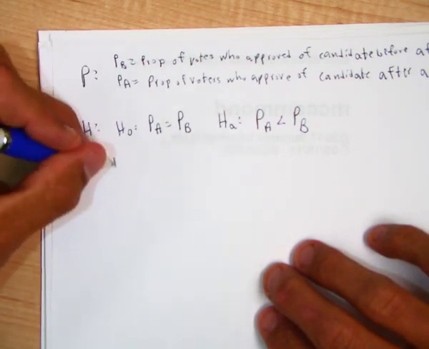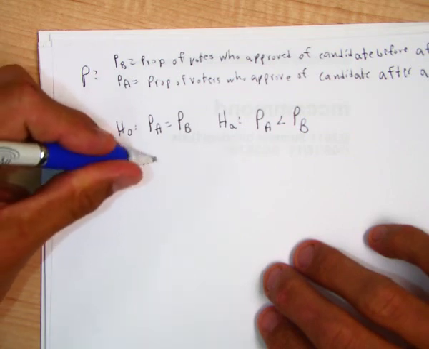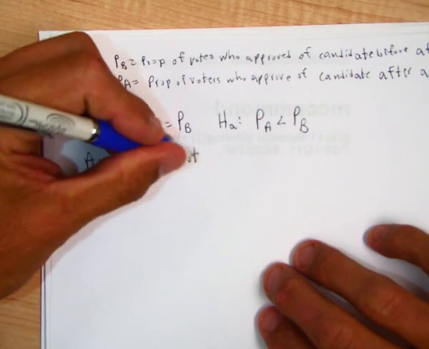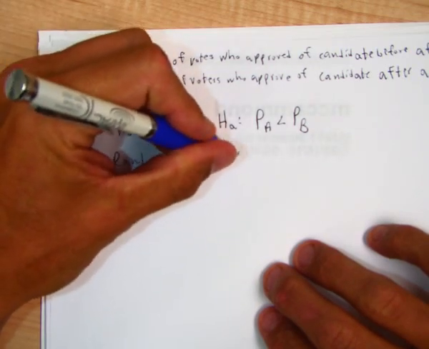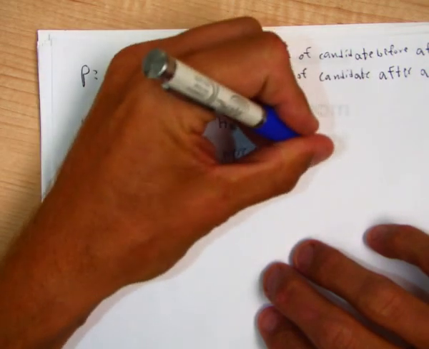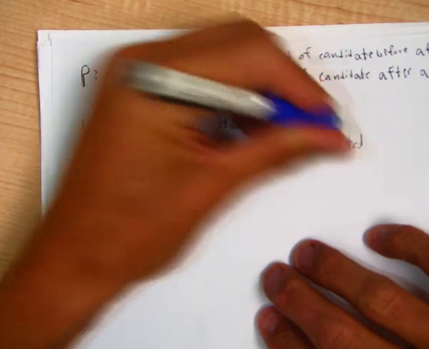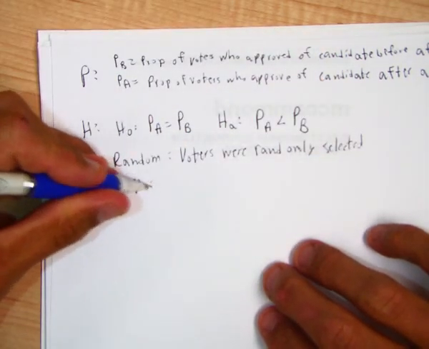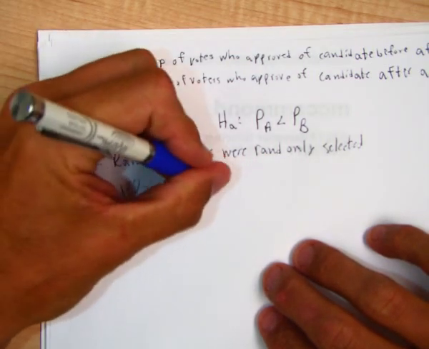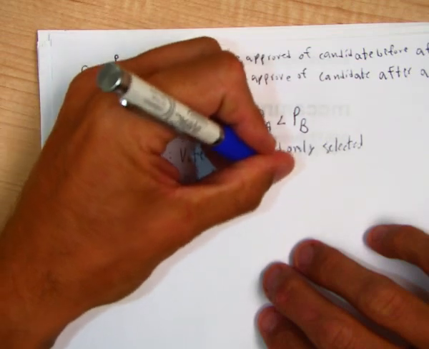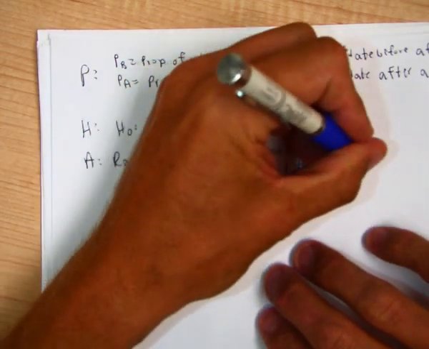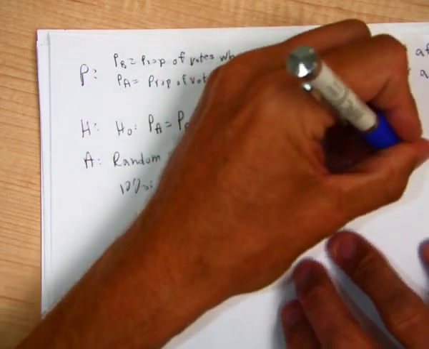Assumptions and conditions. Well, random. In this case, voters were randomly selected. The 10% condition: 630 and 1,010 are both less than 10% of all voters.